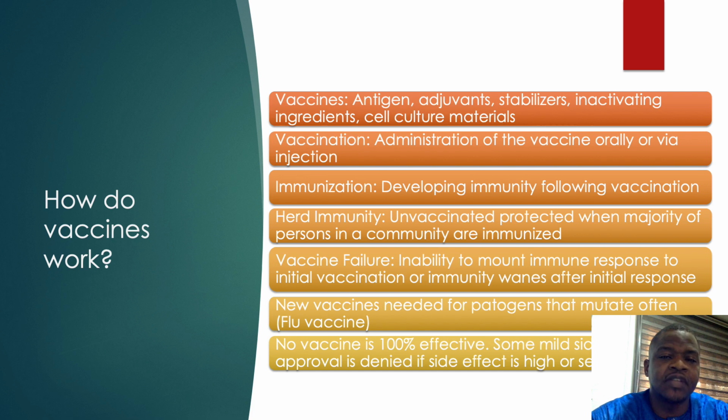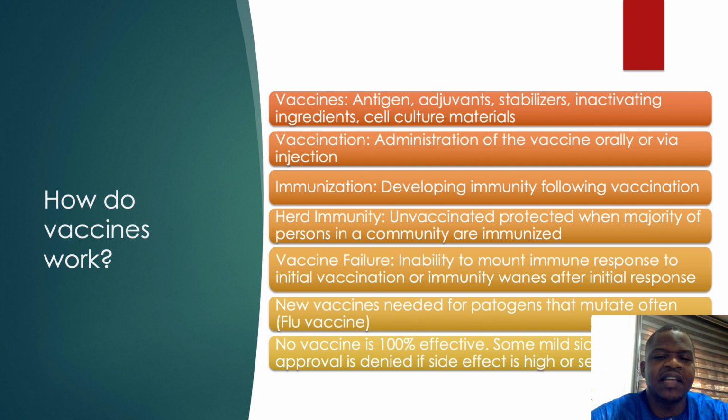All these other ingredients are safe. They are all part of the final vaccine that is sent for approval. Also, when you work on the vaccine in the lab before you start going through the various testing steps, you also use cell culture material. So it's the whole component that makes up the vaccine that is in the vial.